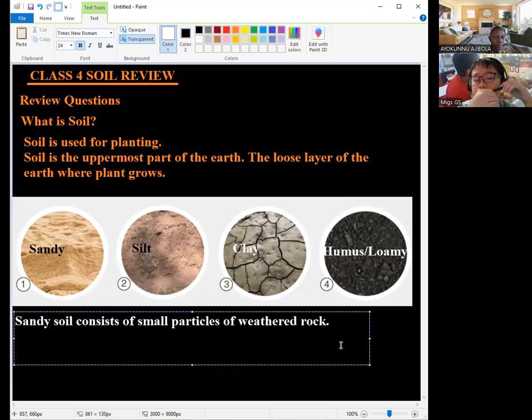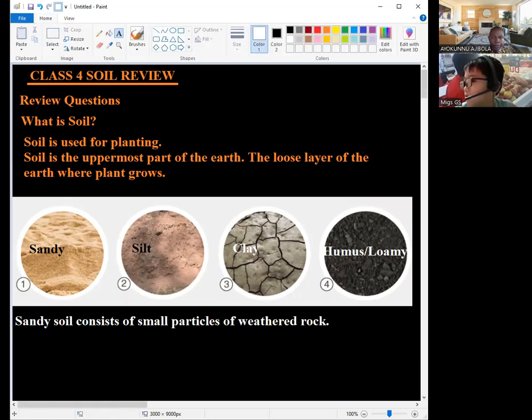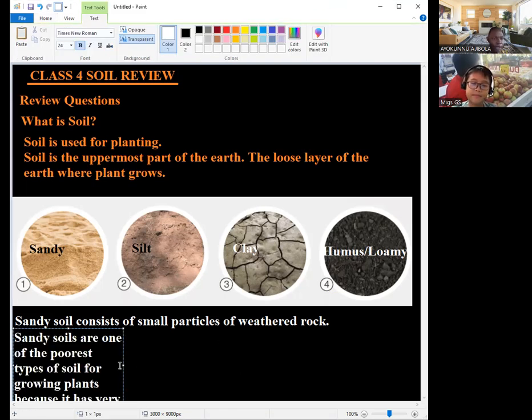So that means we can talk about soil formation as the process called weathering, okay? Sandy soil is not good for planting because it does not retain water and it has low nutrients.